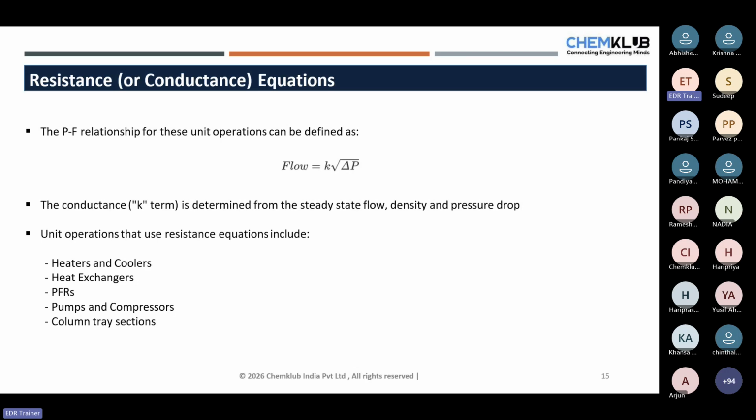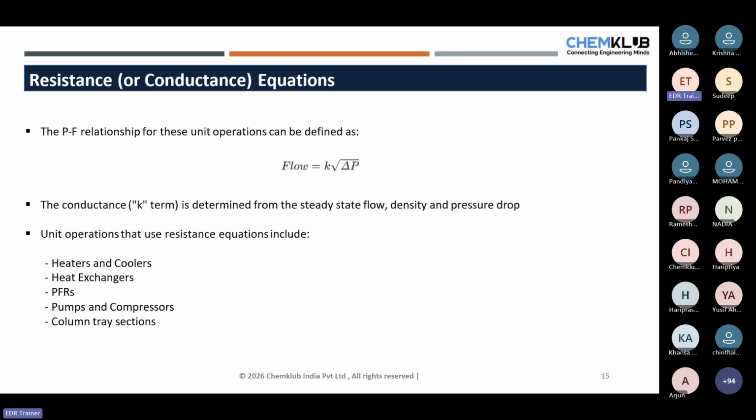The conductance term, often called K, is shown here in this equation. It is calculated using steady state flow, density, and the pressure drop. How it is calculated, we will see in the workshop example. This becomes the hydraulic characteristic of the equipment. We can think of conductance as the ease of flow through the equipment.